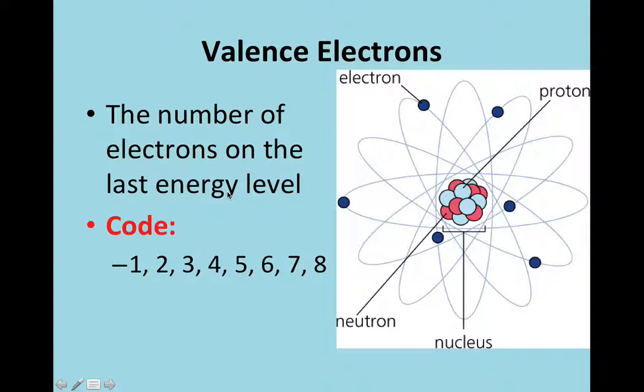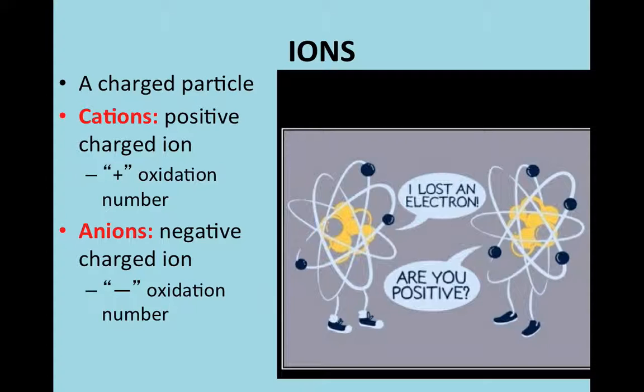Valence electrons, remember, are those electrons that are found in the last energy level or shell. And the code for that would be 1, 2, 3, 4, 5, 6, 7, and 8. When you look at it, it is the actual number associated with the Roman numeral associated with the letter A. And to recap, ions are actually called a charged particle.